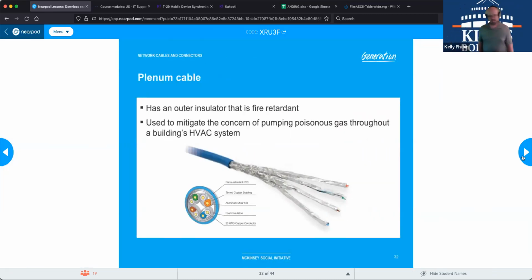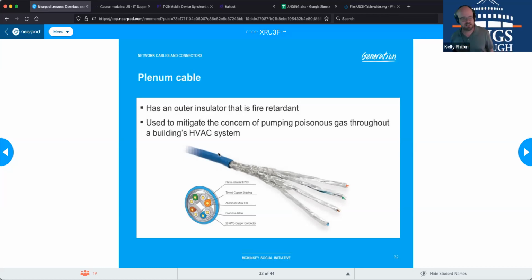Plenum cable. Oh my goodness, do we need another type of cable? So plenum wraps each individual twisted pair in its own set of foil. Now, the nice thing about plenum is the jacket itself.